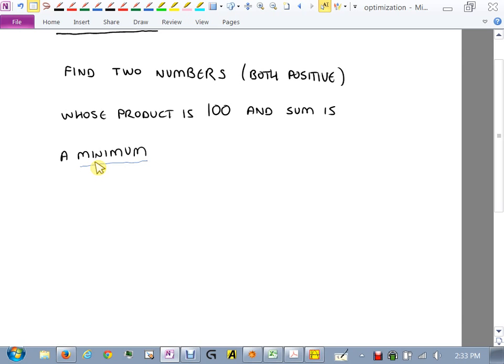So I heard 2 and 50, right? Let me write 2 times 50. Everyone agree that that's 100? All right, but what's 2 plus 50? 52. Okay? What else multiplies to be 100? 20 and 5. What do those 2 numbers, 20 plus 5, add to be? 25. So which one was smaller? This one right here, right?